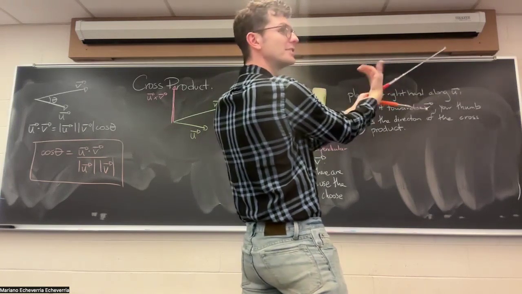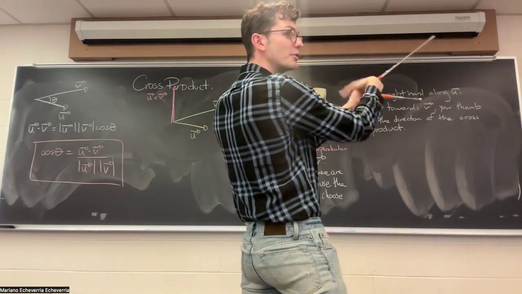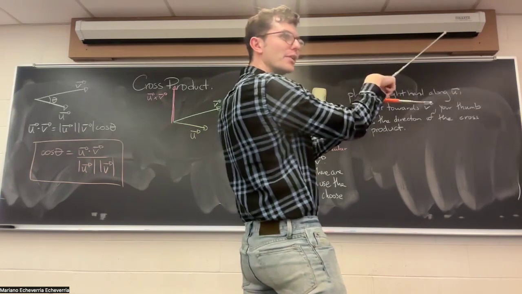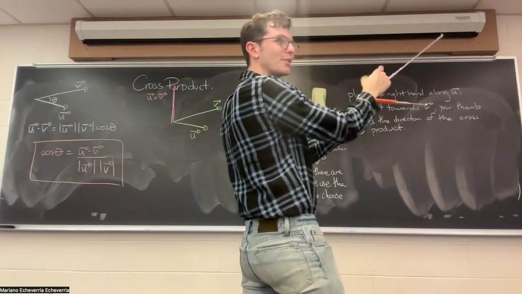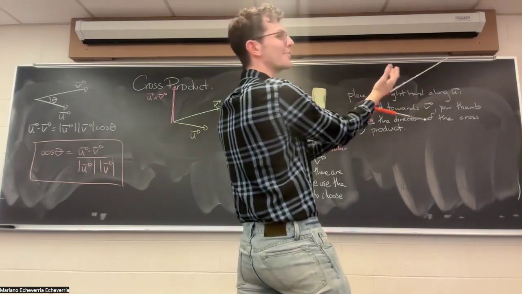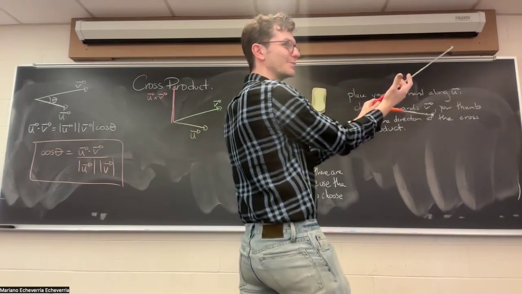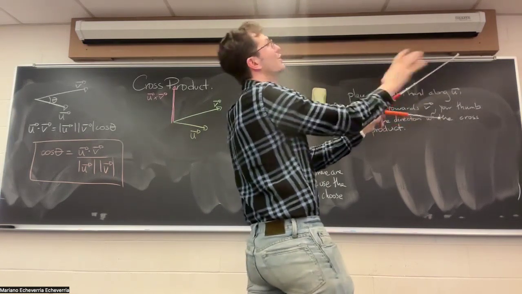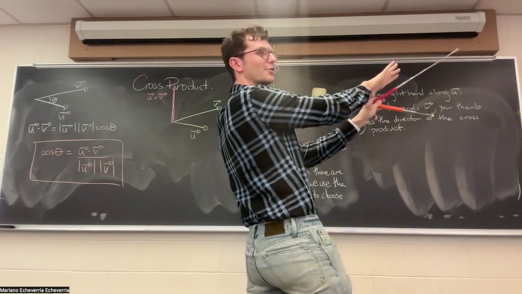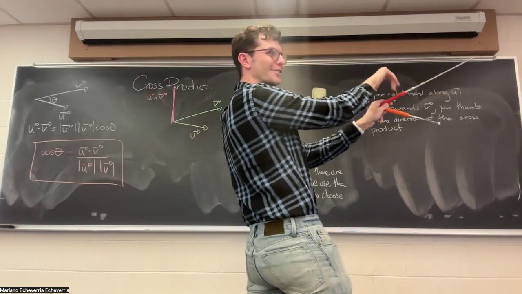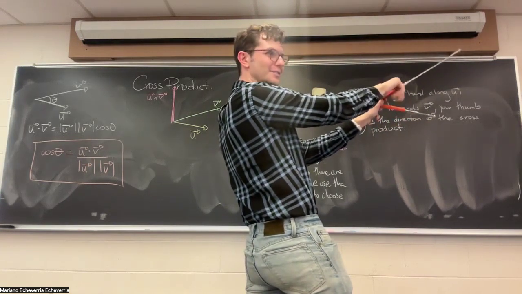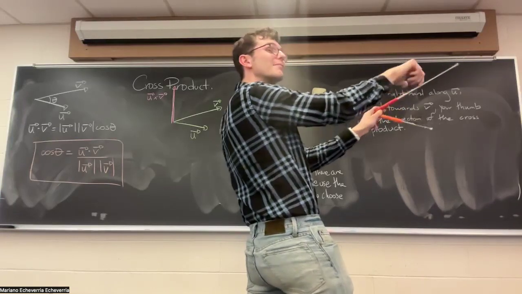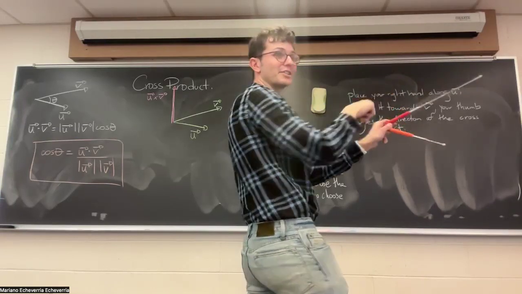But you cannot close it this way now, because you're closing it using the bigger angle. The rule is to always choose the smaller angle. So how can I close my hand towards U by choosing the smaller angle? If you think about it for a while, you have to change the direction of your hand, and now you can close it without problem. That makes the thumb point in the opposite direction.